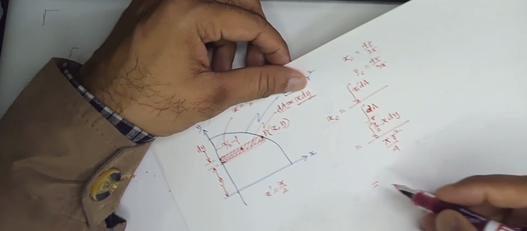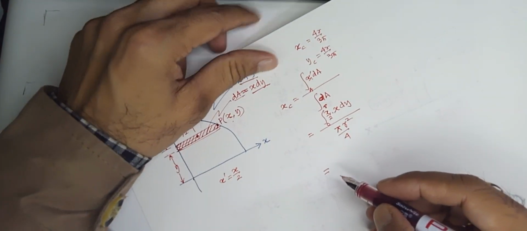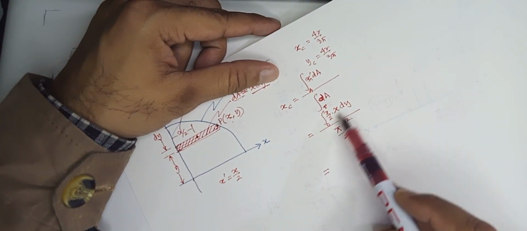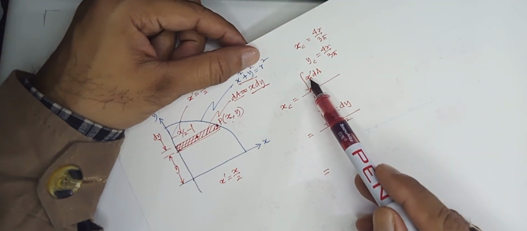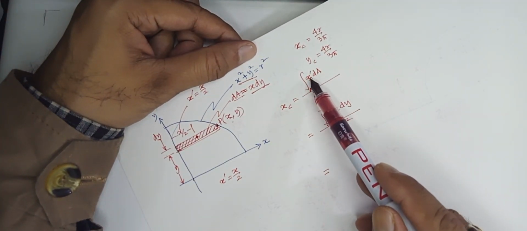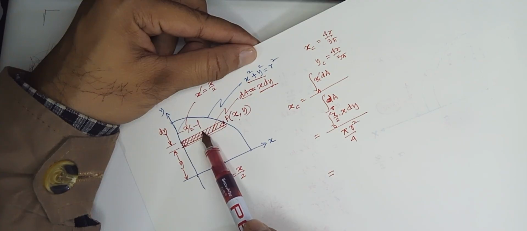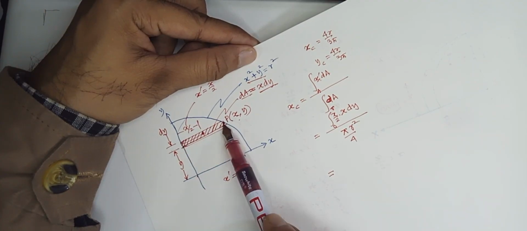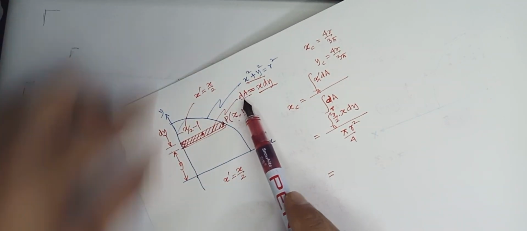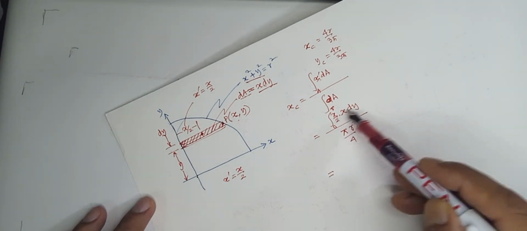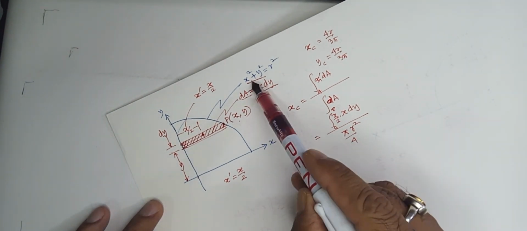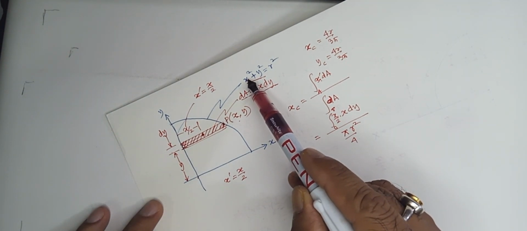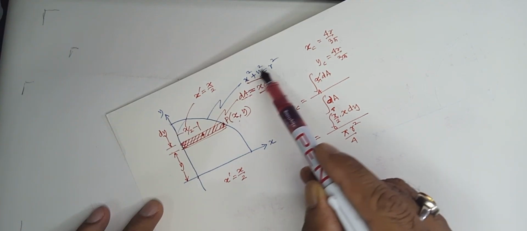For the top one, you see this is x by 2 multiplied by x. That is the trick you have to understand. So x prime dA is x by 2 multiplied by x dy, because area is equal to x dy. These two will make it x square. Now here you see that x square is there, so it will be easy to convert x into y.